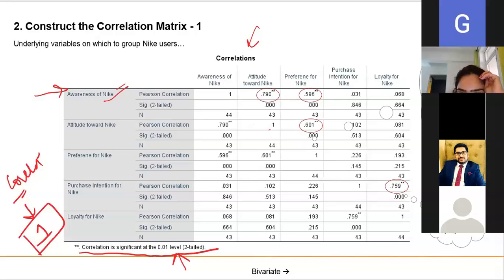But if I have to ask you, the highest correlation is among which two variables? Give me highest and second highest.